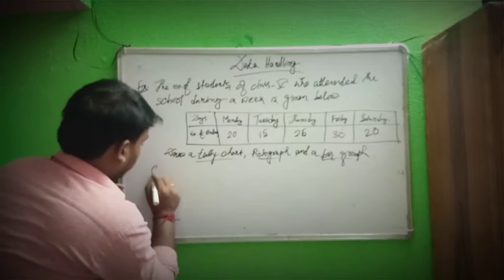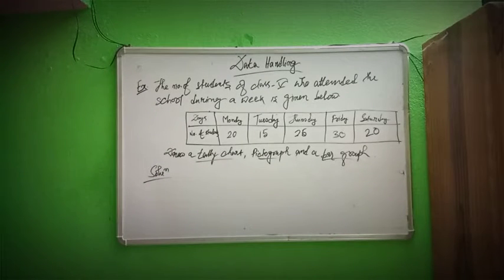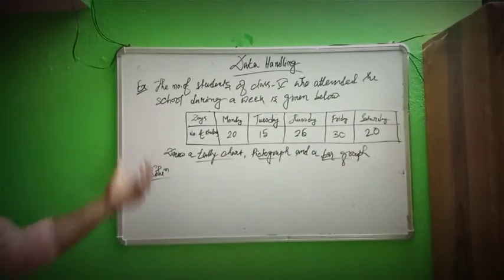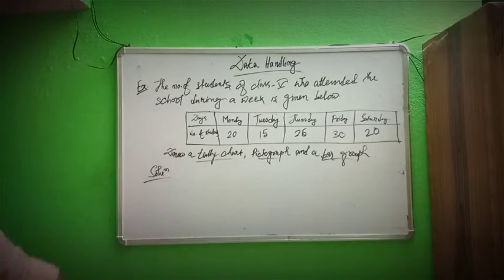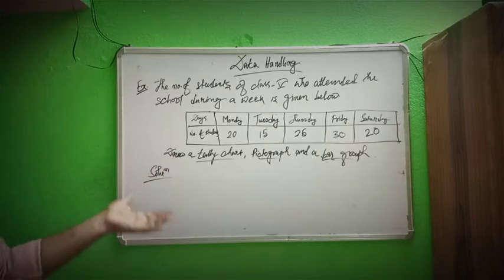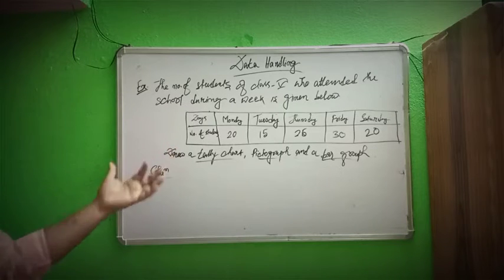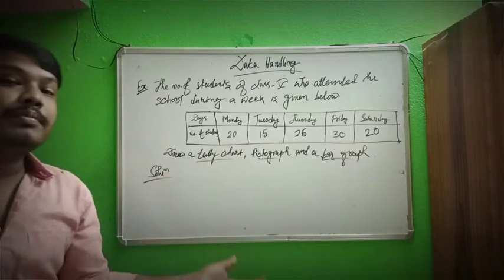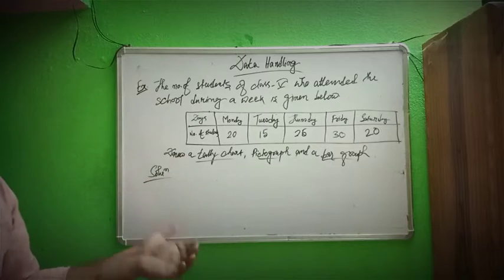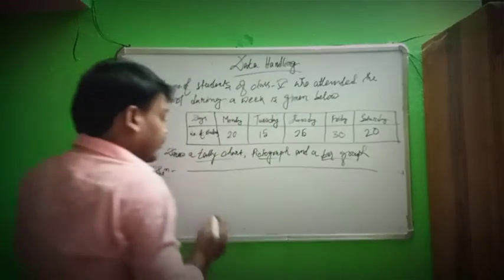We have already learned tally chart, pictograph, and bar graph in previous classes. I revise this once again, and based on it, your self practice 19A is given. If you understand the process of these three, then it is much easier to solve the problems. So without skipping the video, watch it very nicely.